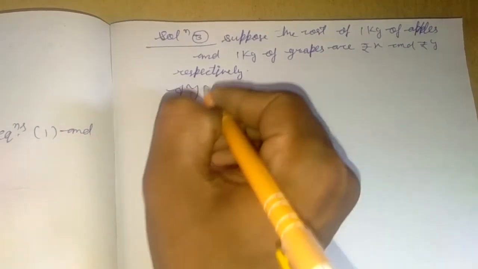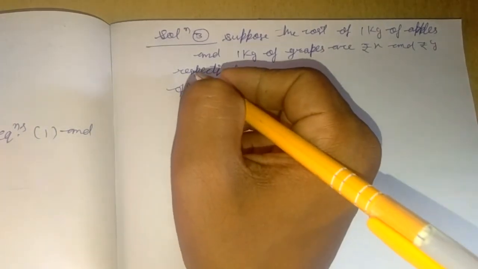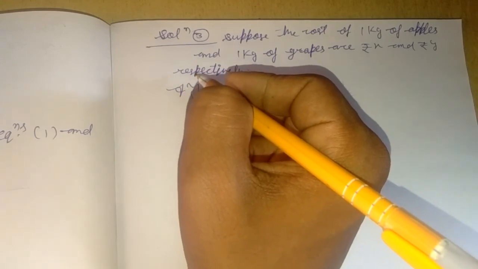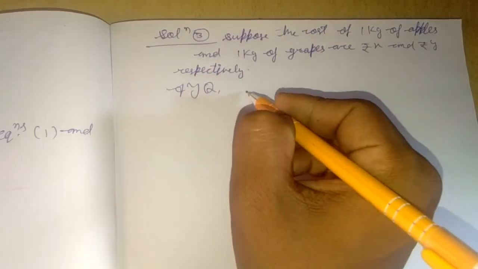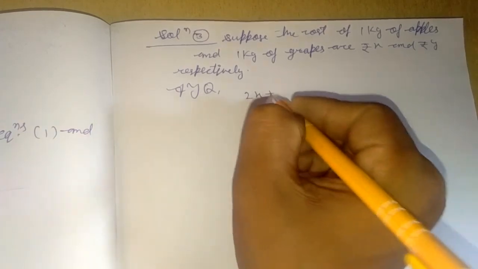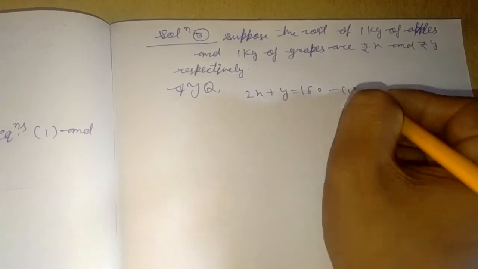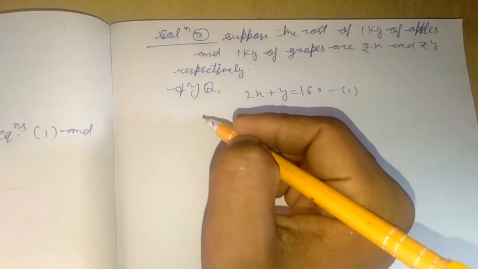According to the question, our first condition is the cost of 2 kg of apples and 1 kg of grapes on a day was found to be 160 rupees. So 2x plus y is equal to 160 rupees. Equation 1.